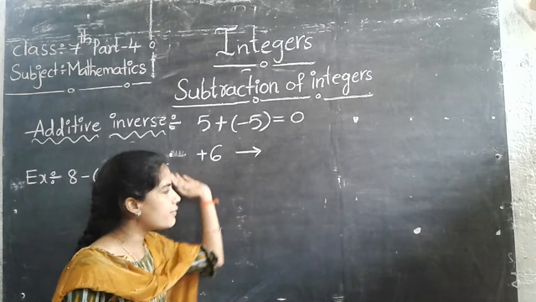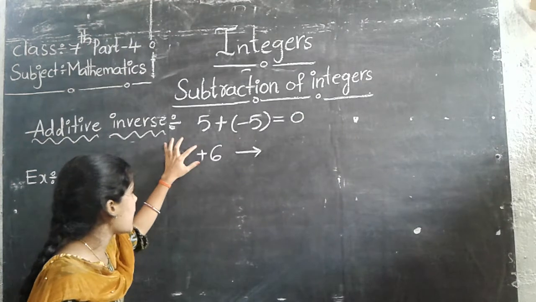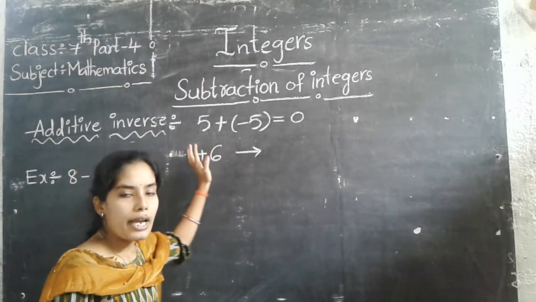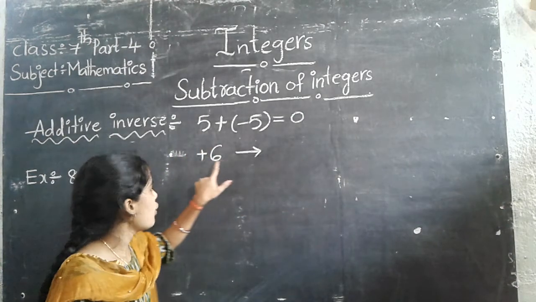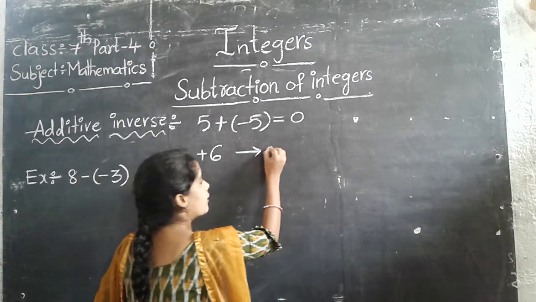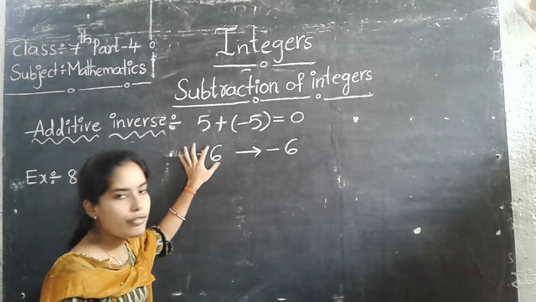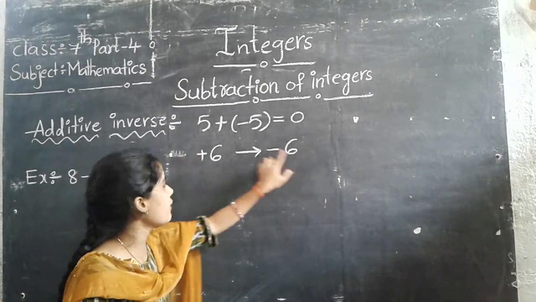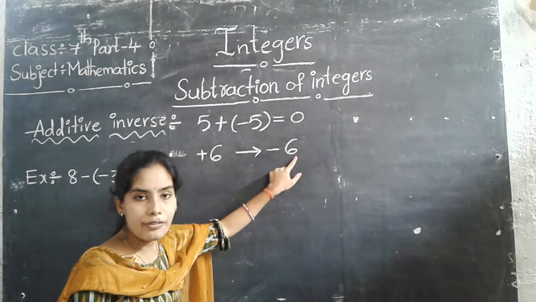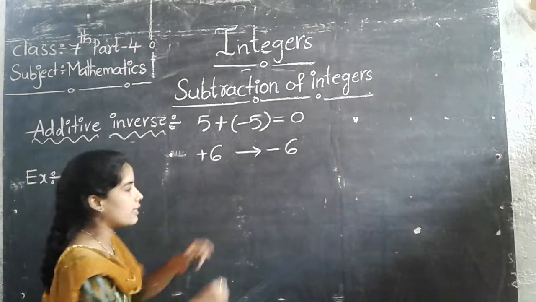If it is minus, we change to plus. The remaining digit we write as it is. So the additive inverse of plus 6 is minus 6.